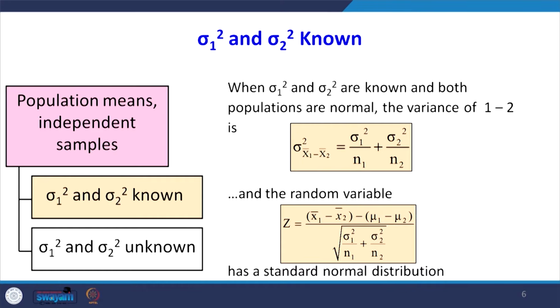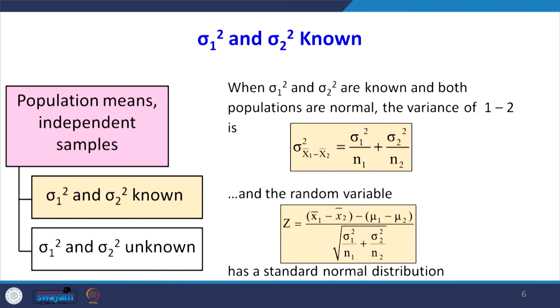When sigma 1 square and sigma 2 square are known, the variance of the difference is nothing but the summation of their variances, that is sigma 1 square by n1 plus sigma 2 square by n2, which I have already explained. The corresponding Z statistic is x1 bar minus x2 bar minus mu 1 minus mu 2, divided by the square root of sigma 1 square by n1 plus sigma 2 square by n2, and it has a standard normal distribution.